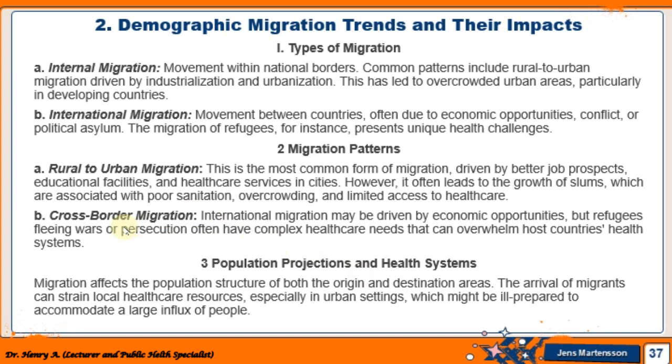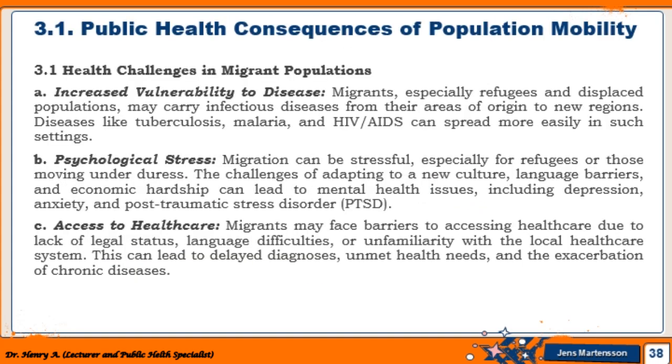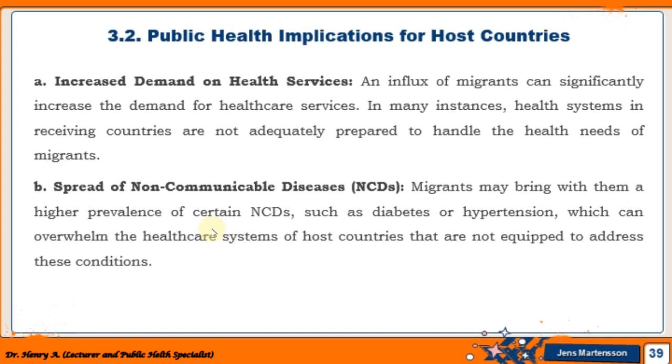So that's that. Now let's see the third one, which is public health consequences of population mobility. Now we'll start with health challenges in migrant populations, and then we'll look at public health implications for countries.